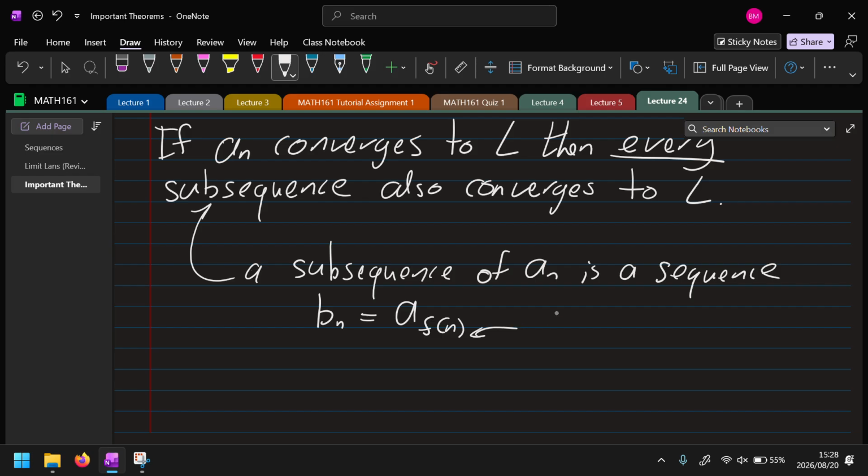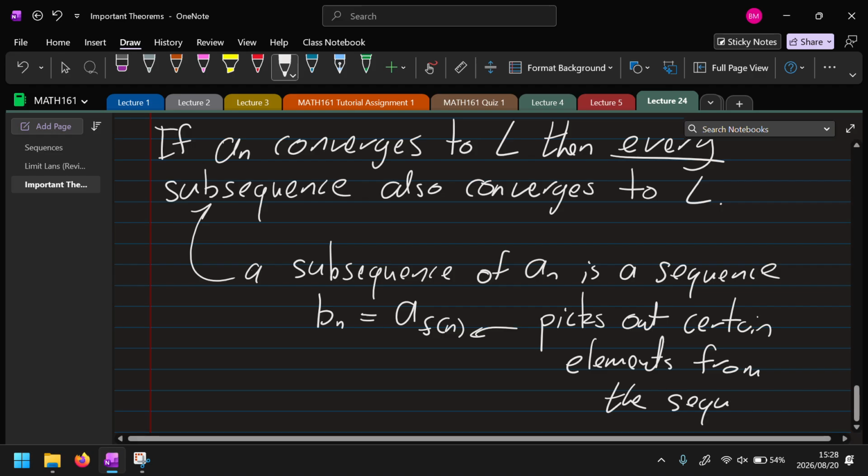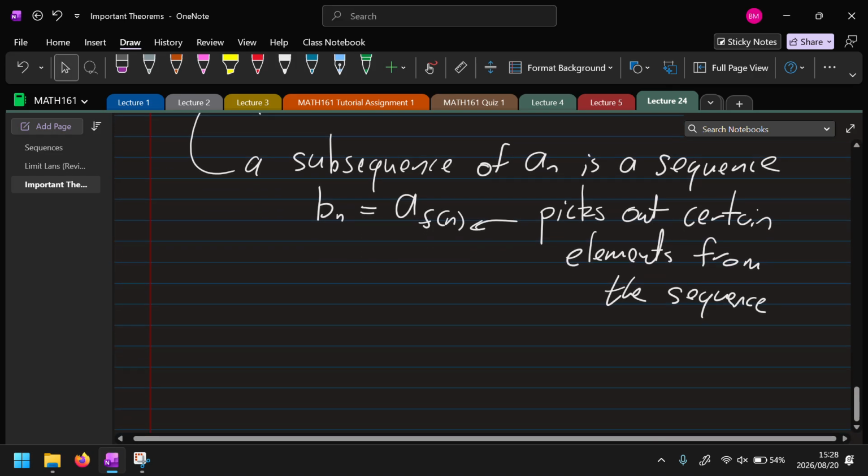So here, this f of n picks out certain elements from the sequence. Okay. We'll see a couple of examples. We'll make this all very clear.